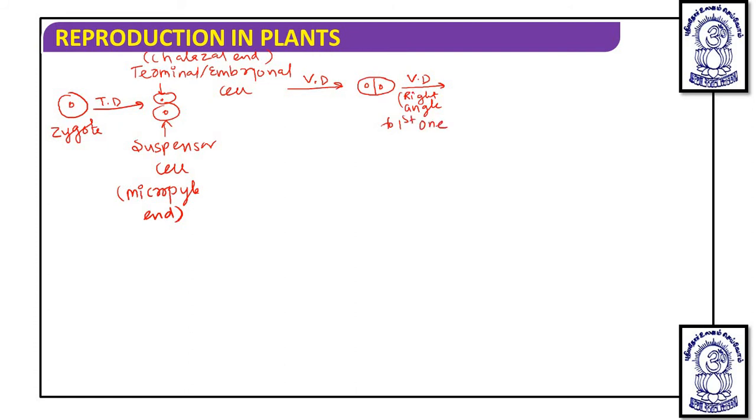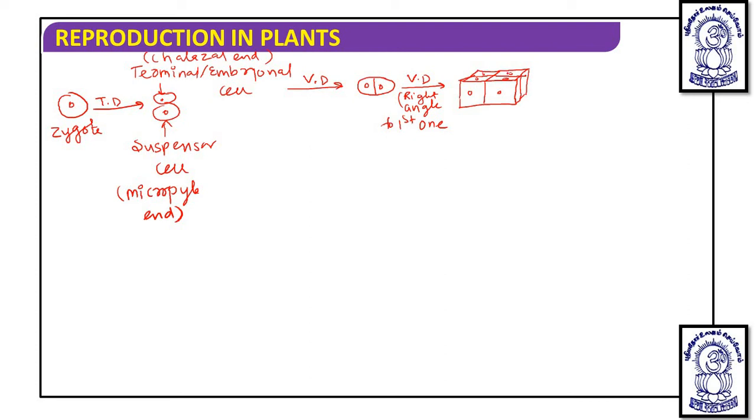If it is at a right angle to the first one, you can see I am drawing the cells in a square mode. This was a two cell, but if another vertical division occurs here like this, then you can see this is the first cell, the second cell, the third cell, and the fourth cell.